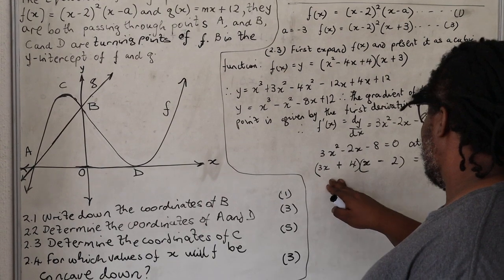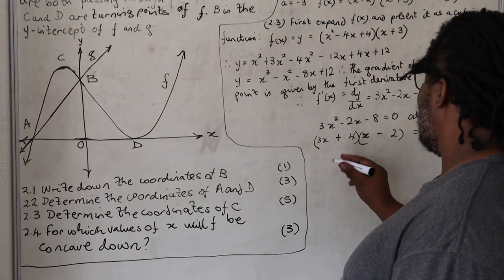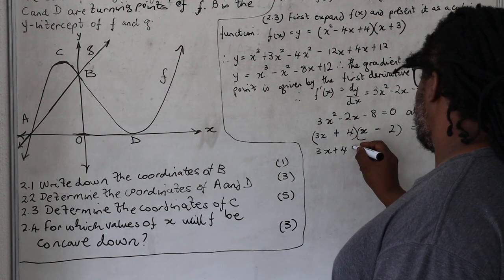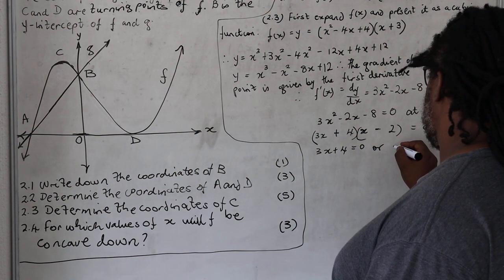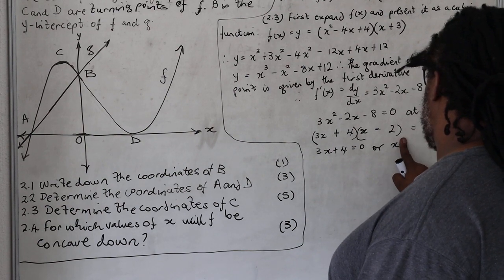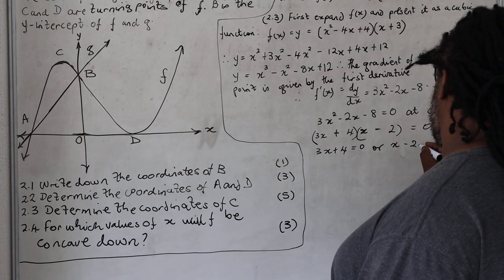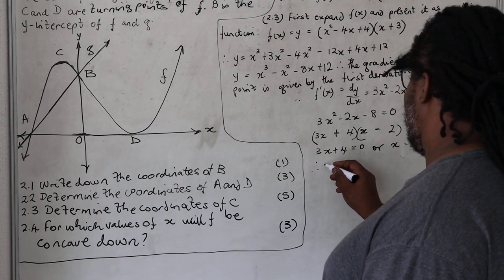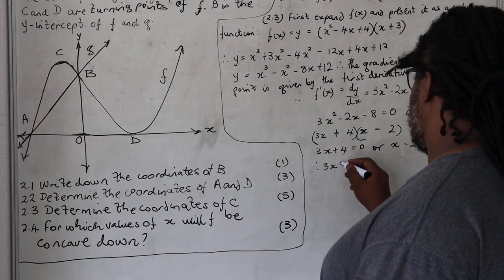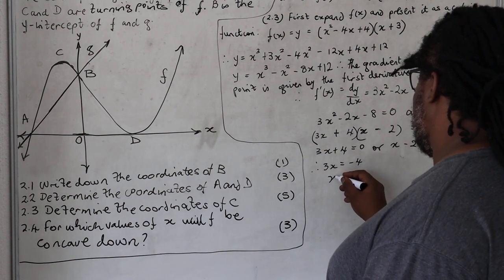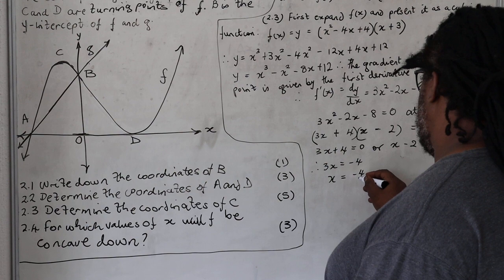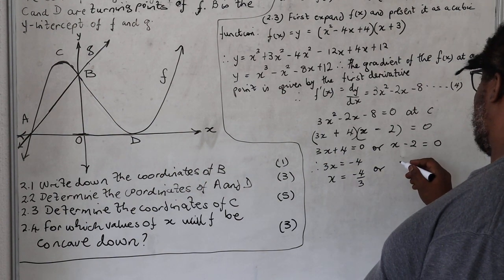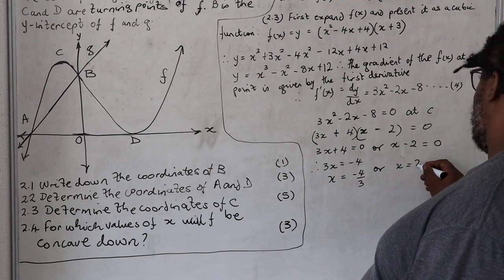So if we say this part is equal to 0, then we can say 3x plus 4 is equal to 0, or x minus 2 is equal to 0, and therefore we have 3x is equal to minus 4 and x is equal to minus 4 over 3, or x is equal to 2.